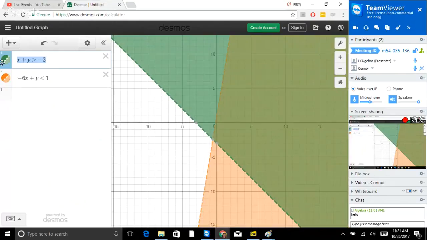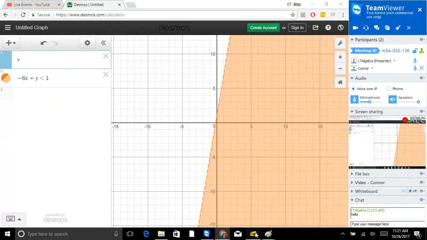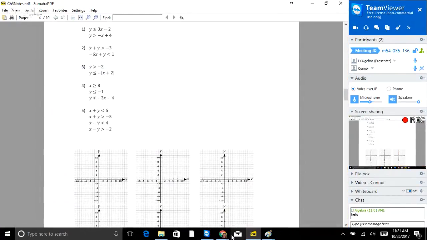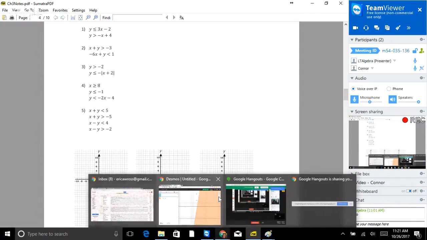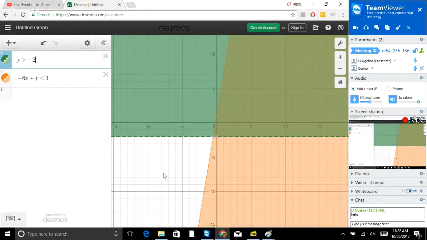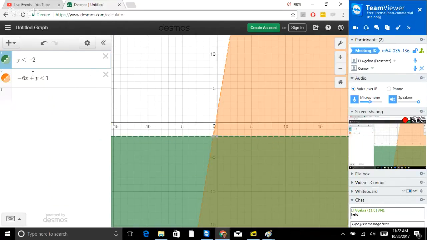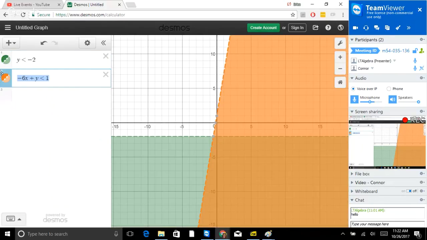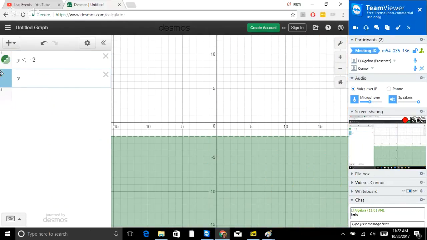So we had y, oh, I forget my equations. Y is greater than, did I graph that wrong? Connor, I graphed it wrong. Y is greater than -2. I had it going the wrong way. Well, what I did, I was just testing you out totally, is this. It's what I graphed. Let me double check my work.